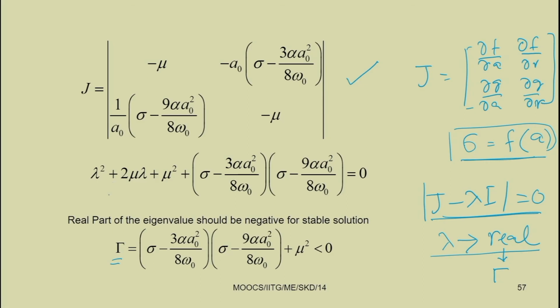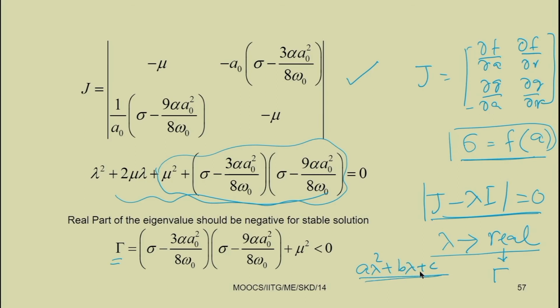You just see this is a quadratic equation in lambda: lambda square plus 2 mu lambda plus a constant part. So, this equation can be written in this form, A lambda square plus B lambda plus C, so lambda equal to minus B plus minus root over B square minus 4AC by 2A.